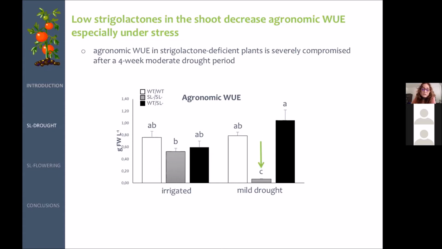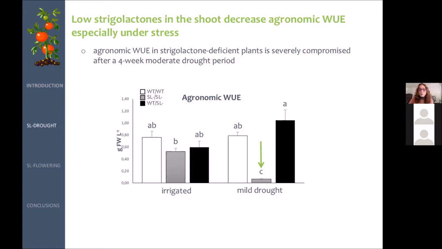And there was a very significant and dramatic decrease in water use efficiency in the strigolactone-deficient plants. Since these plants do not have a general water use efficiency problem, they have a very high efficiency for shoots, for example, for the vegetative part of the shoot.